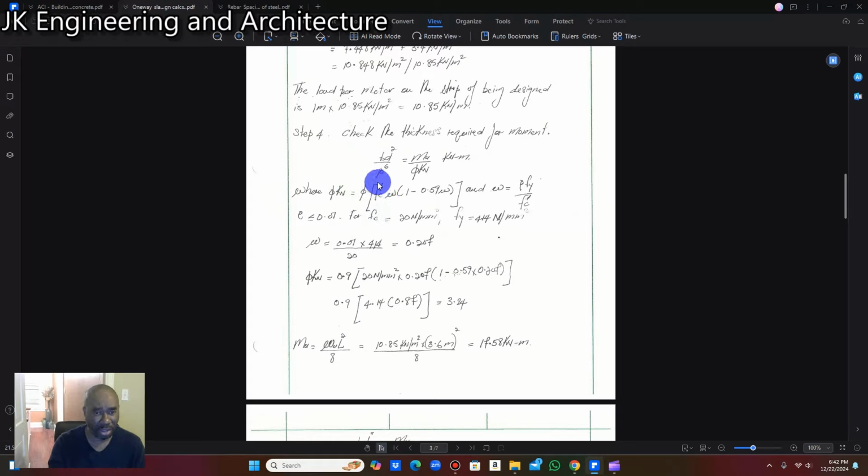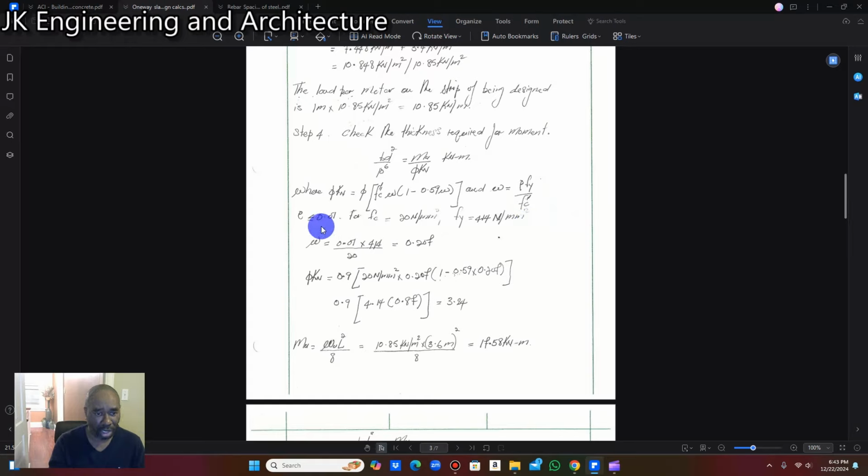Phi, the compressive stress of concrete, W, times 1 minus 0.59 W, close bracket, where W is equal to rho, the yield stress of steel, divided by the compressive strength of concrete.